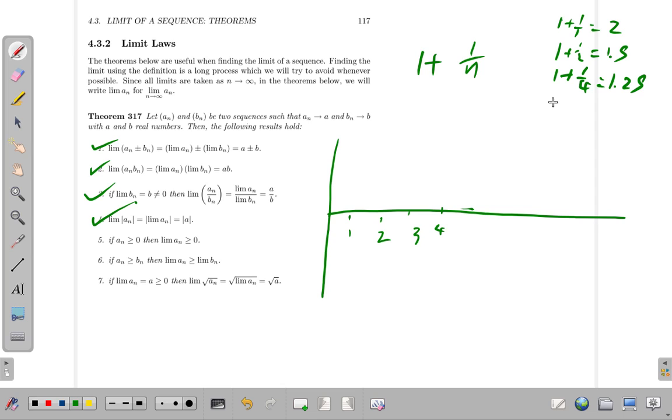The 100th term, A100, would be 1 plus 1/100, which would be 1.01. The 1000th term would be 1 plus 1/1000, which will be 1.001, and so on. So no matter how you go, you will never drop below 1, nor touch 1.